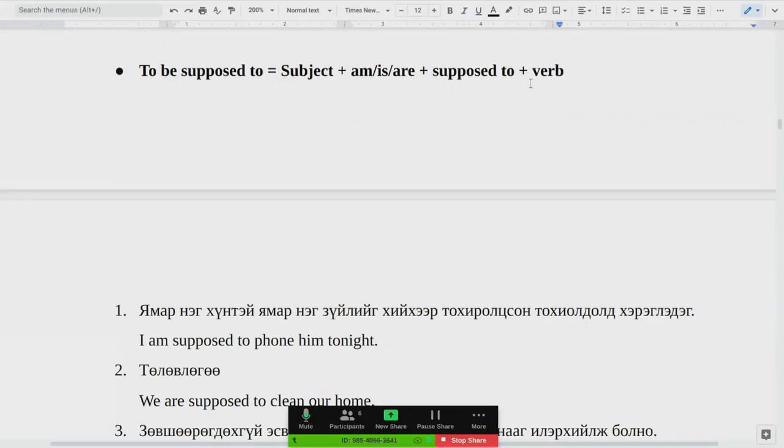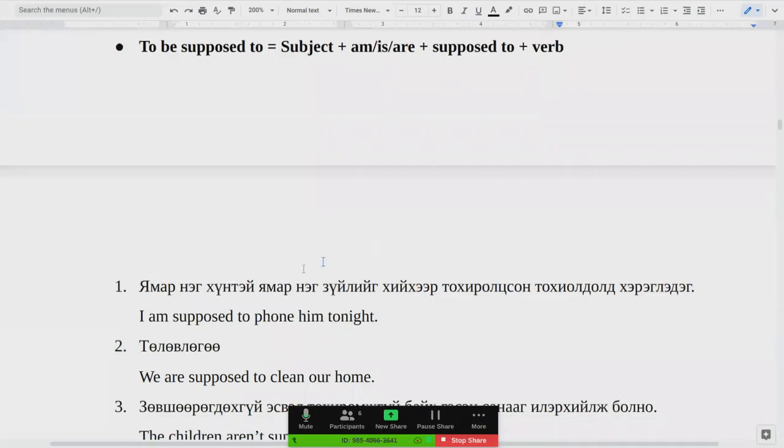Ер нь to-гийн араас үйл үг ямар нэгэн хувиргалтгүй дандаа анхны хэлбэрээр орж ирж байгаа. За энийг анхаараарай. Suppose гэдэг нь яг орчуулах юм бол тэгж ингэж бодох, бодож үзэх гэсэн утгатай. Гэх мэтчилэн утга гарч ирдэг. За тэгэхээр энд ямар нэг зүйлийг хийхээр тохиролцсон тохиолдолд гэсэн хэрэглээг харъя. I'm supposed to phone him tonight.